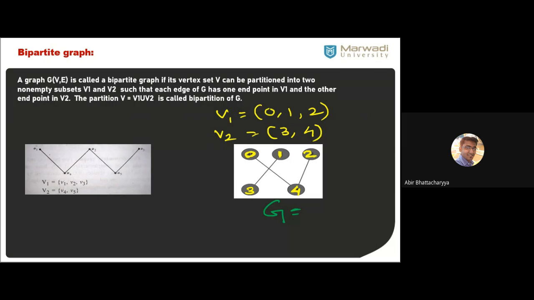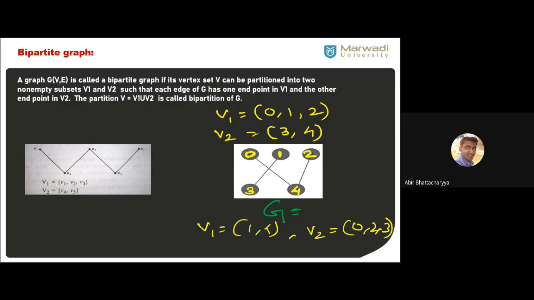Similarly, as this person told me, V1 equals 0, 4, no, 0, 4 is not possible. 1, 4, and V2 equals 0, 2, 3. This is another partition.